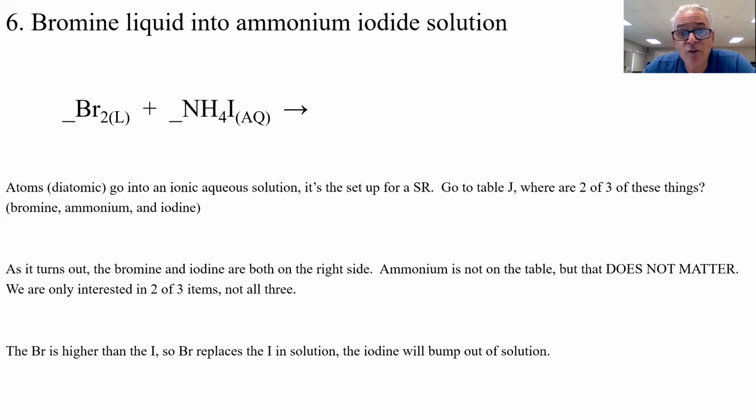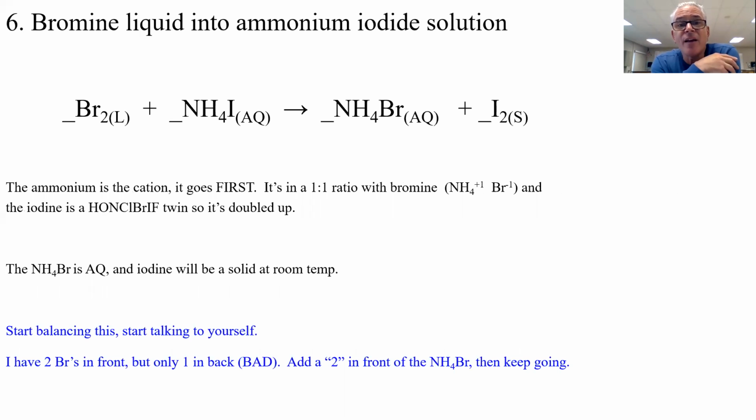It's in group 17 also, so it's going to form ammonium bromide in a 1-to-1 ratio, and the iodine's going to pop out. Iodine's a Hunkelbrief twin. So when we write this, the ammonium bromide is going to be the new solution. We start with the solution, we end up with a different solution. And in this case, iodine's going to pop out as solid. It's going to be I2.